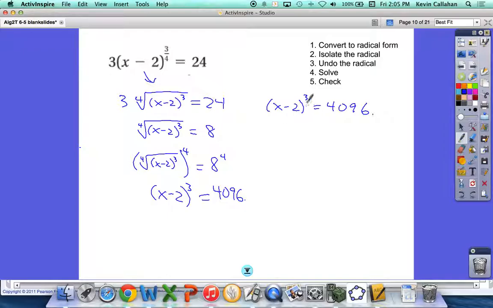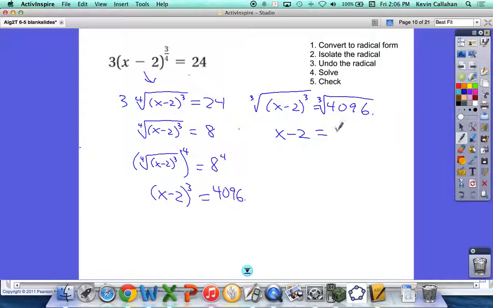Instead, definitely, if you want to solve for the x, which is inside parentheses being cubed, take the cube root of both sides. Again, the cube root of a cube, we just get x minus 2. And what's the third root of 4096? 16.